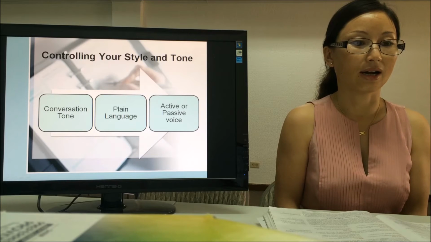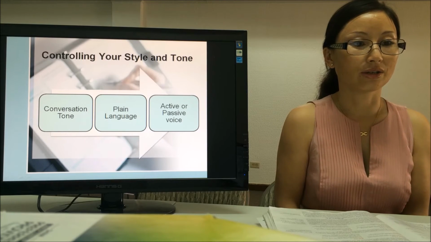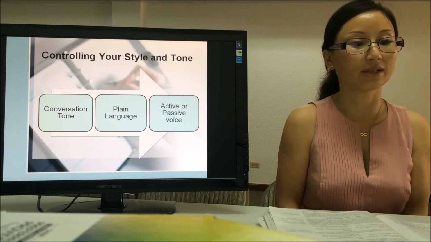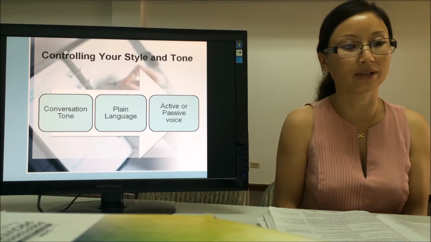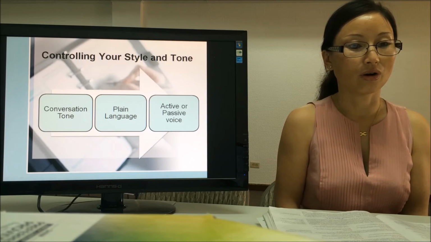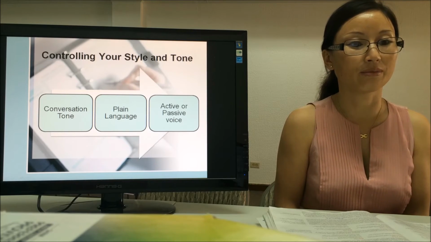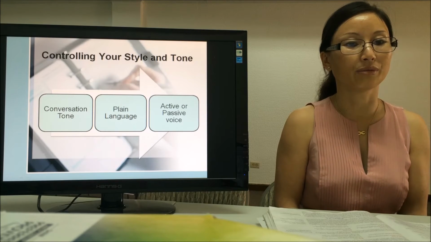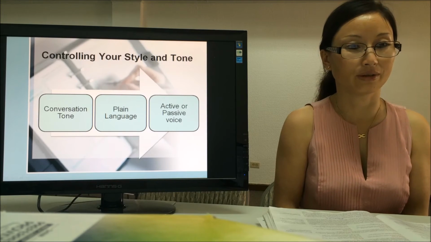This style creates a certain tone in your message. The right tone depends on the nature of your message and your relationship with the reader.